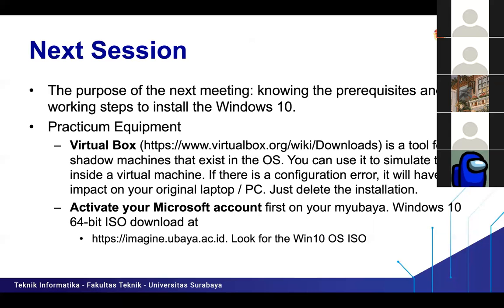I think it will not be a problem for you to download a big file. VirtualBox is around 100 megabytes, but Windows 10 is around 3 gigabytes. So you need to download these two files, VirtualBox and the Windows 10 ISO.